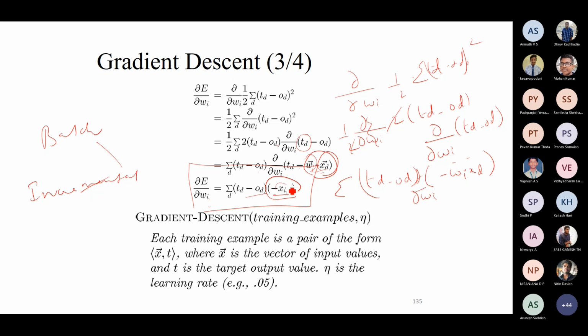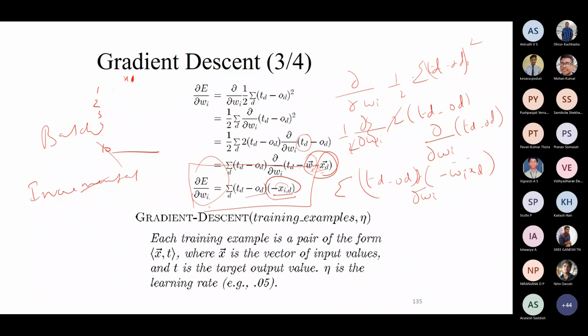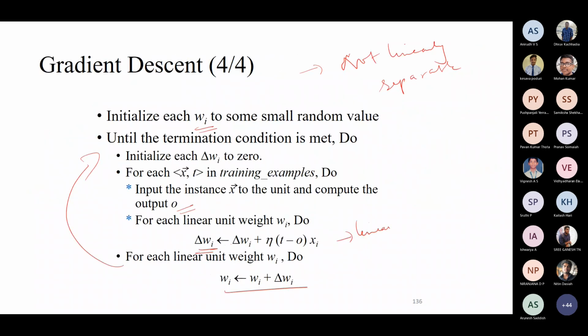So supposing you have around 10 records, and you have the ith weight component. You find out TD minus OD for all of these, and multiply it by minus XID, and that will be dou E by dou Wi. Substitute this with respect to minus eta, the learning rate, and that will be the corresponding weight change for the ith weight. So this is going to be your scenario.